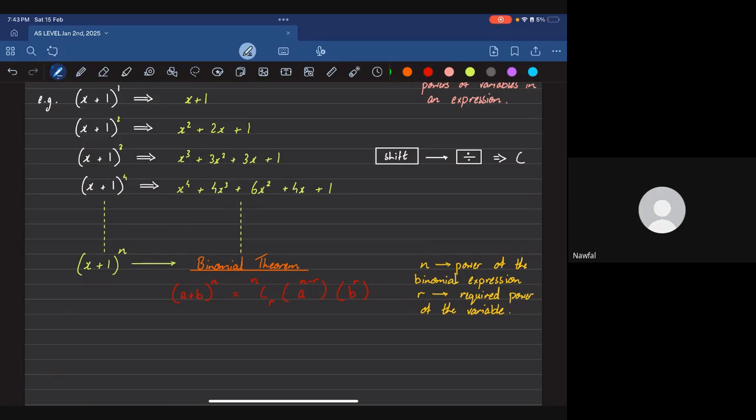In some calculators, it's also written on top of the division sign, nCr. So that is how you can get to this C on your calculator. If there's an issue operating your calculator, guys, do let me know.